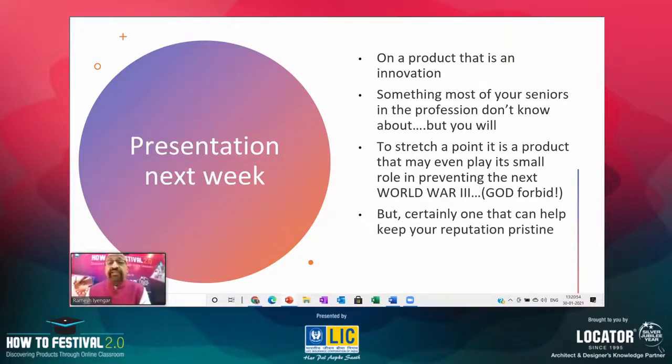It's a product that may even play a small role in preventing the next World War III. God forbid, we've had enough of problems. We don't want World War III, but it may have its role to play to prevent that from happening. But certainly a product that can help you keep your reputation pristine. Now, if that's intriguing enough, then you have to tune in next Saturday, 12 o'clock, same space, same time.